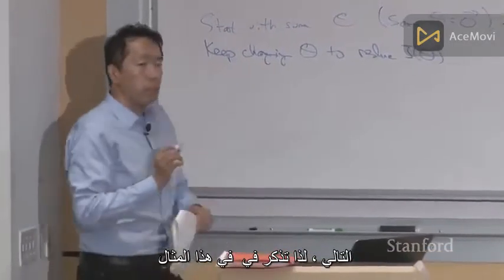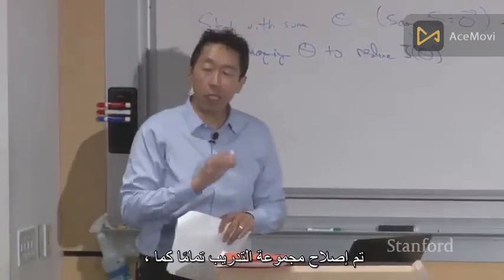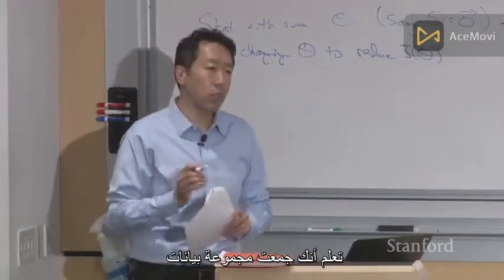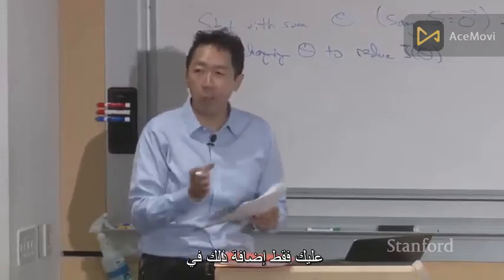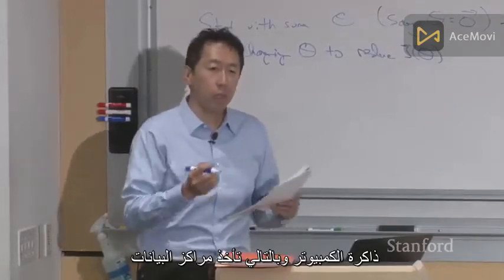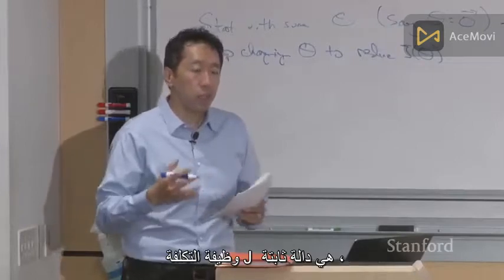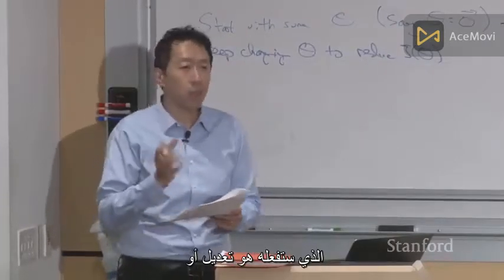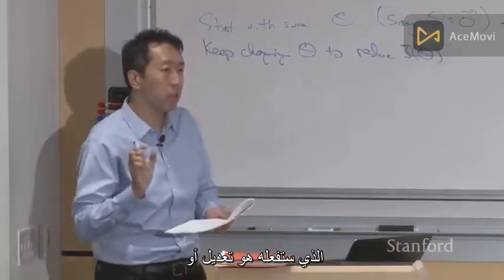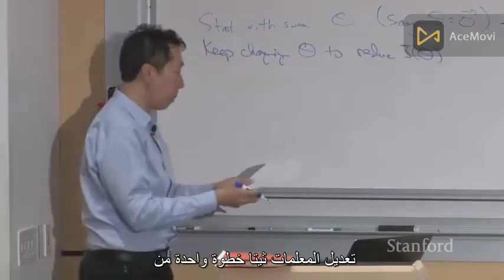So remember, in this example, the training set is fixed. You've collected a data set of housing prices from Portland, Oregon, so you just have that stored in your computer memory. And so the data set is fixed. The cost function J is a fixed function of the parameters theta, and the only thing you're going to do is tweak or modify the parameters theta.